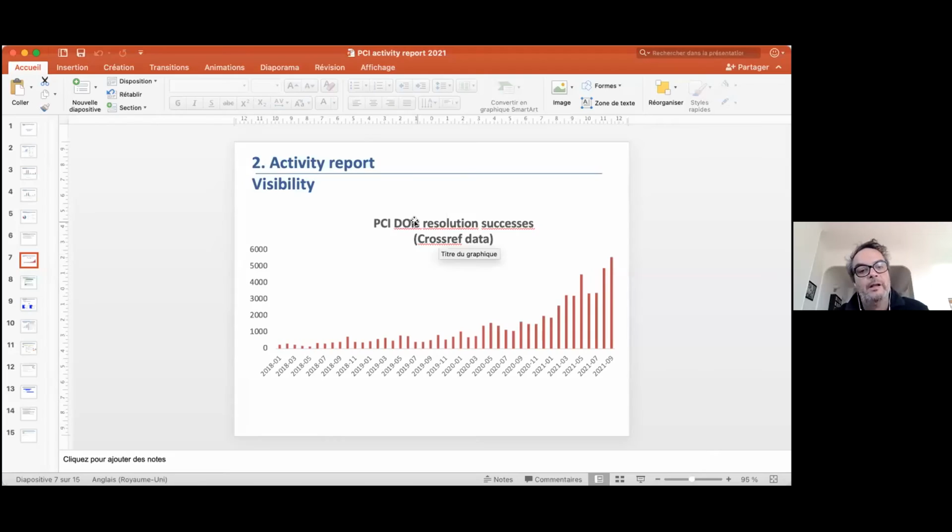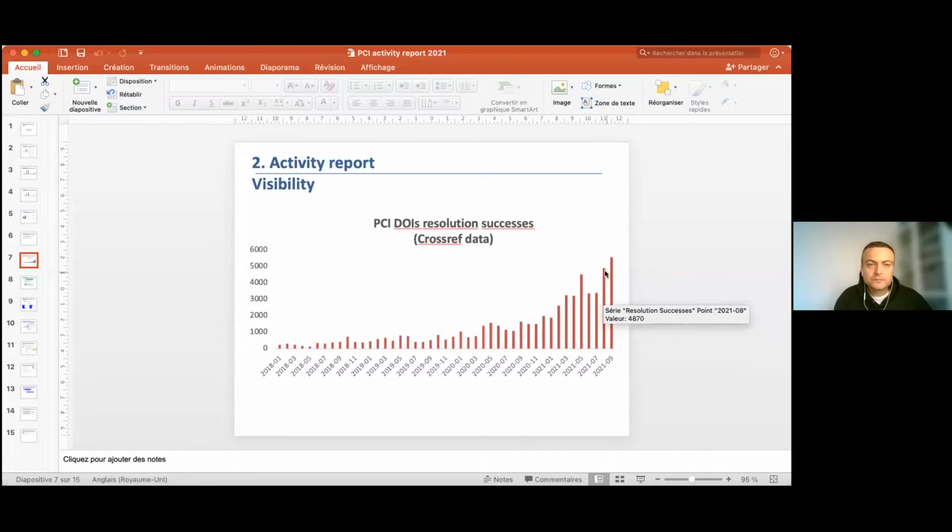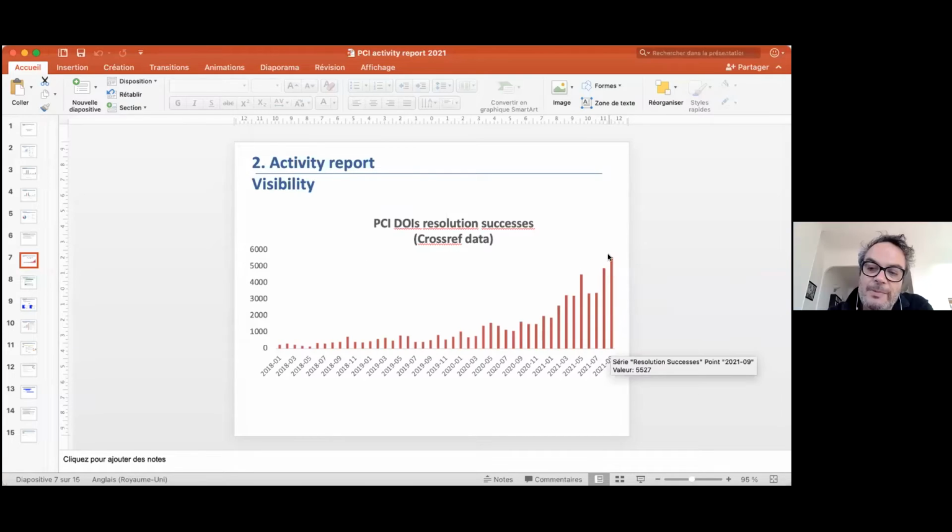So it's the number of DOI resolution successes. I can share my screen so you will see that. For instance, this means that in September 2021, there have been 6,000 resolutions of DOI concerning our recommendations.